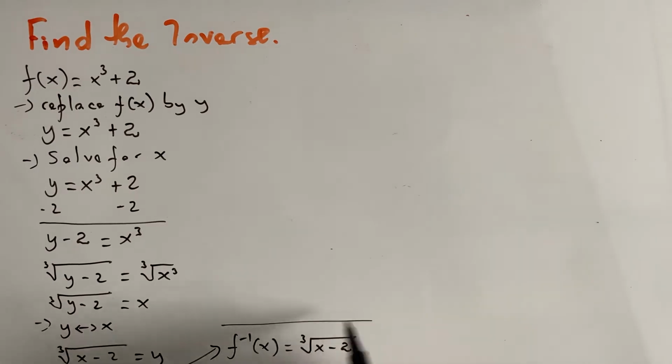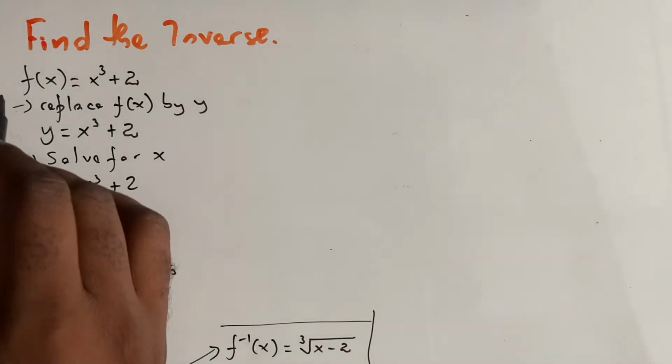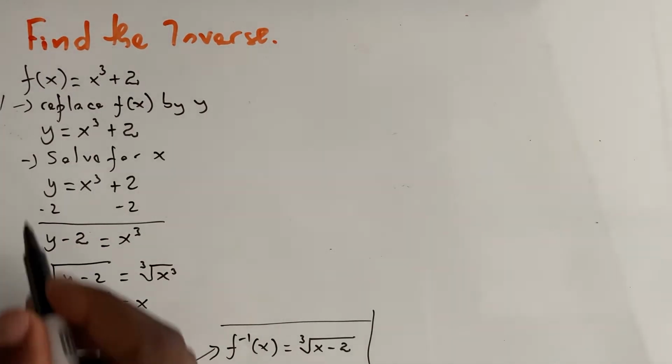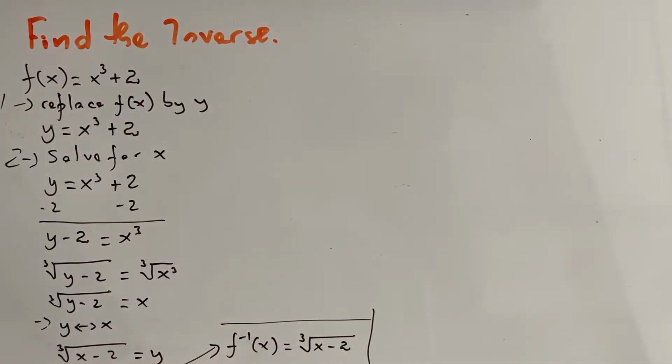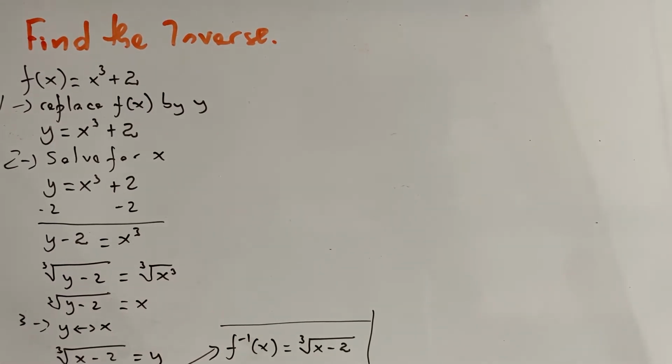Okay, so it's very easy to solve for, you just need a couple of steps. The first step, you replace f of x by y. Second step, you solve for x, then you interchange the variables as the third step. So this is how you find the inverse of a one-to-one function.